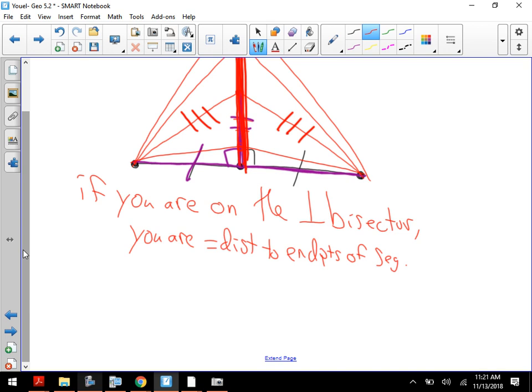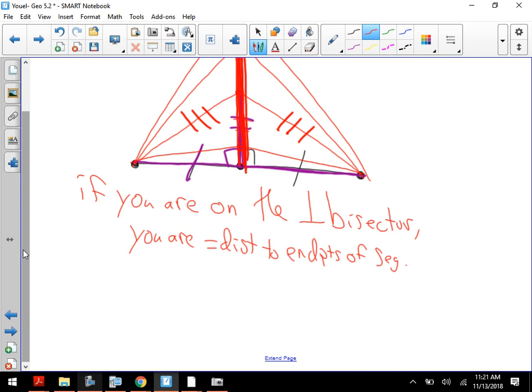Basically, another way of looking at this is that perpendicular bisectors always make isosceles triangles. If you think about it, when you have a perpendicular bisector, no matter what you do, that's always going to happen.